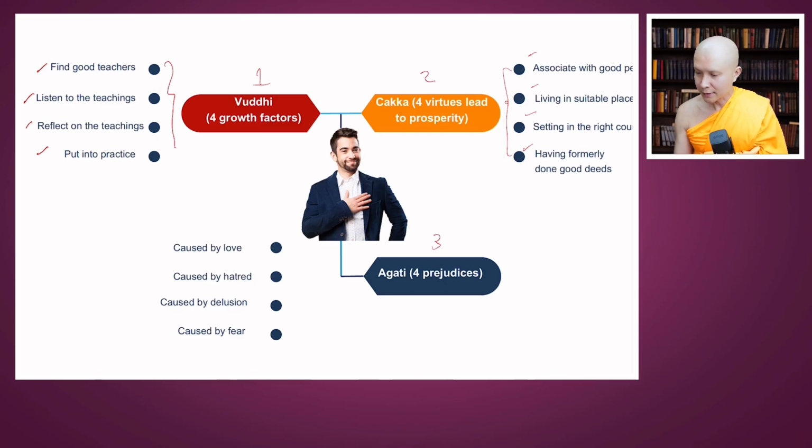That's what's mentioned in the text, which Luang Pi will go through one by one, and then we will discuss the 4 prejudices. What is considered prejudice? What are the 4 things on the list and why do they cause us trouble? Prejudice caused by love, by hate or anger, by delusion, and by fear.